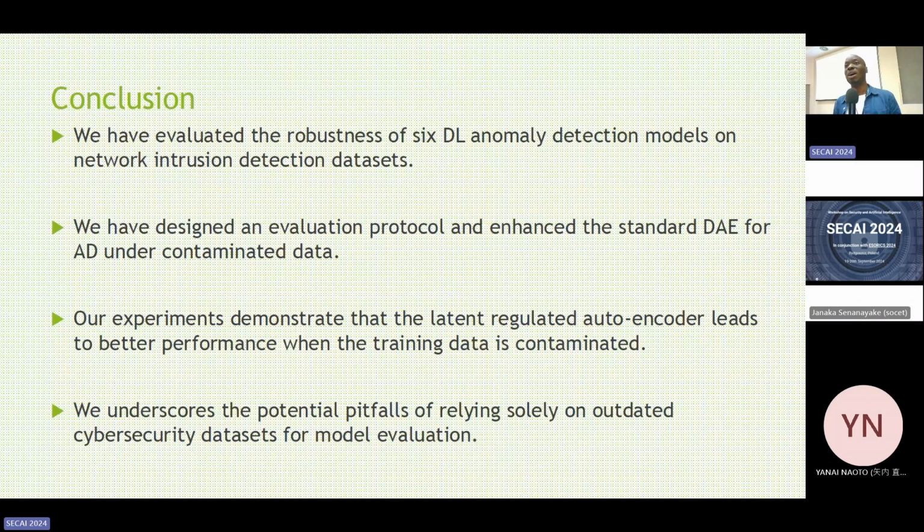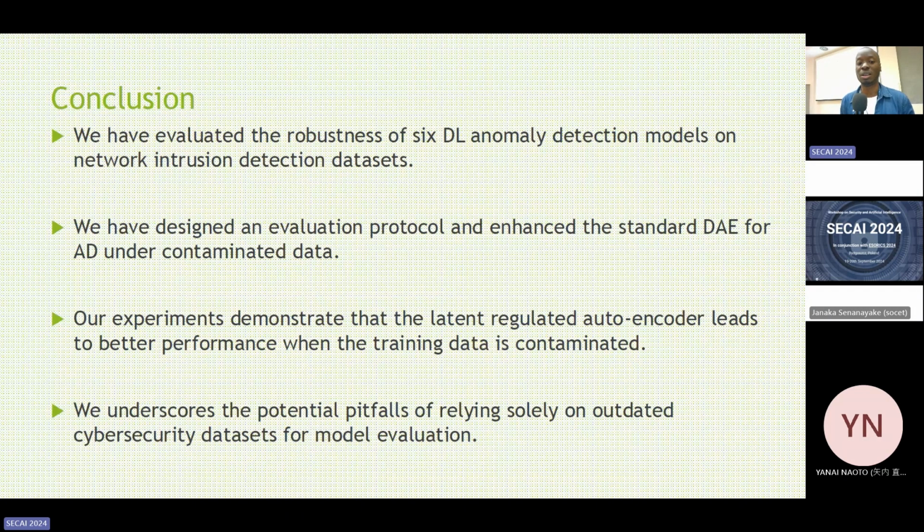They have to be robust and be tested in settings where we have anomalous data in the training set. In our work, we evaluated a wide range of models that I presented to you, and we also proposed a standard evaluation protocol. I skipped many details in this presentation for the sake of time, but you can find them in the paper.